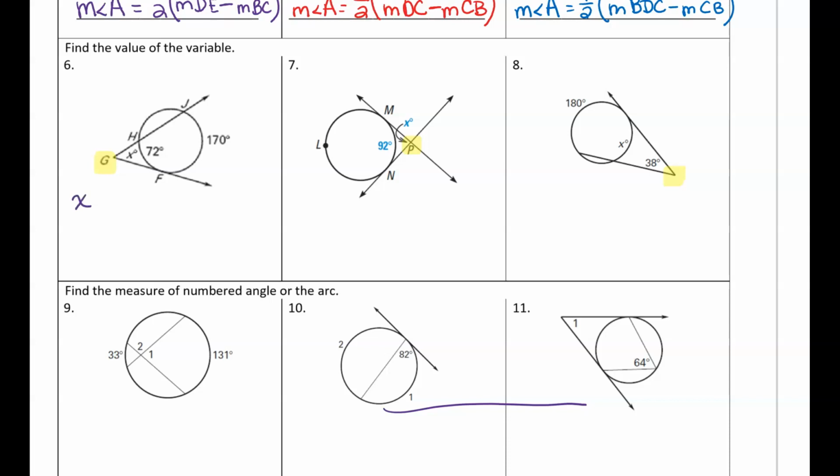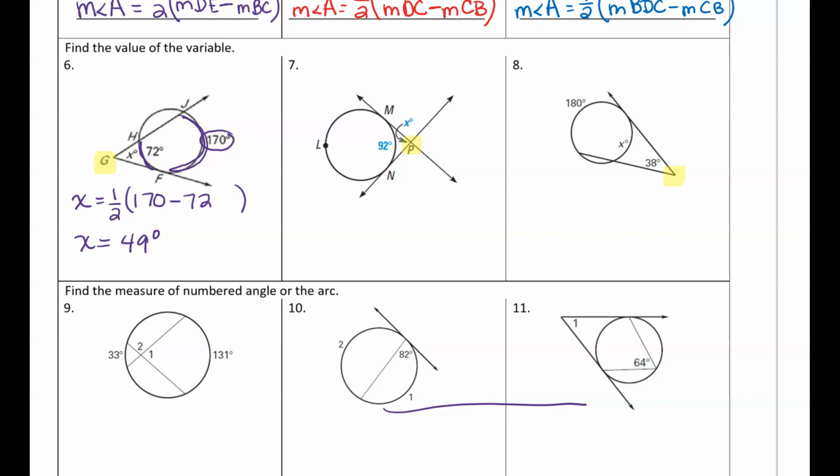Since G is on the outside, we are going to subtract these. 170 is the big arc, and we will subtract 72, which is the small arc. It's intercepting those arcs. So 170 subtract 72, okay, that's going to be 98. Half of 98 is going to be 49 degrees.